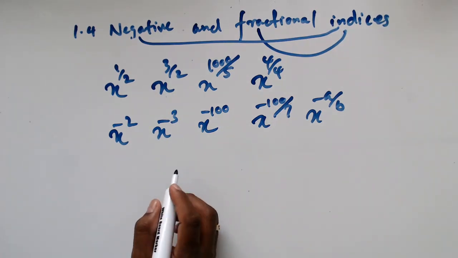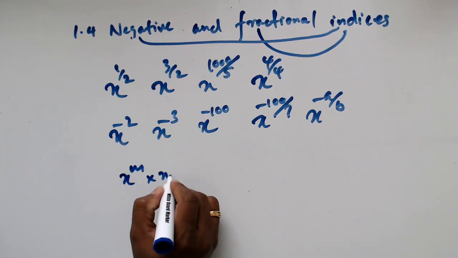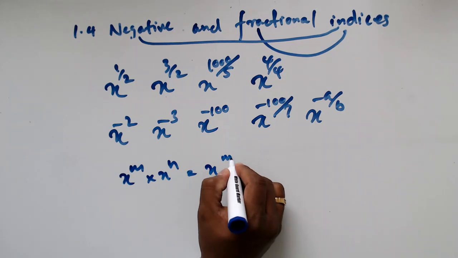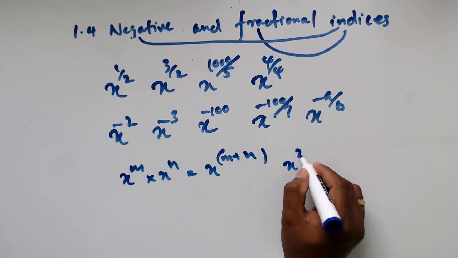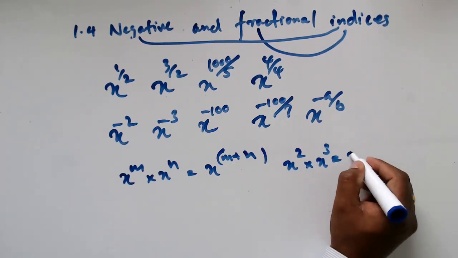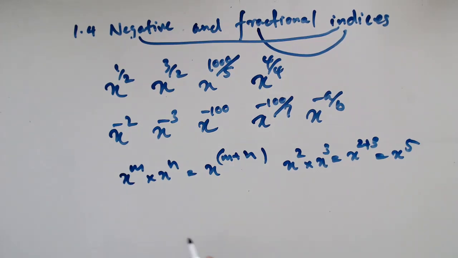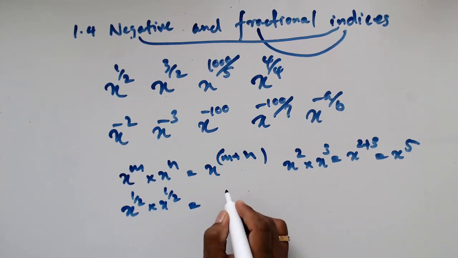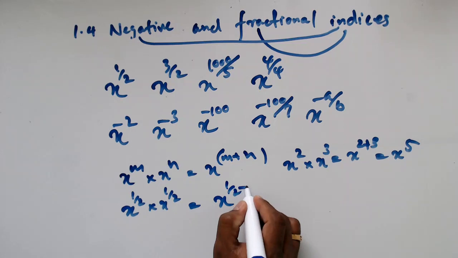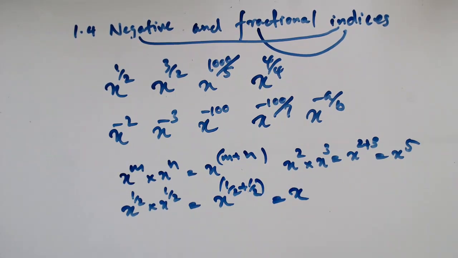We already know this one: x^m times x^n is x^(m+n). Basically x^2 times x^3 is x^(2+3), x^5. So likewise we can write x^(1/2) times x^(1/2) is x^(1/2 + 1/2), which is x.